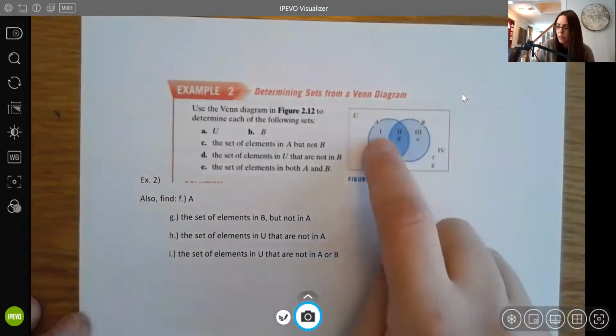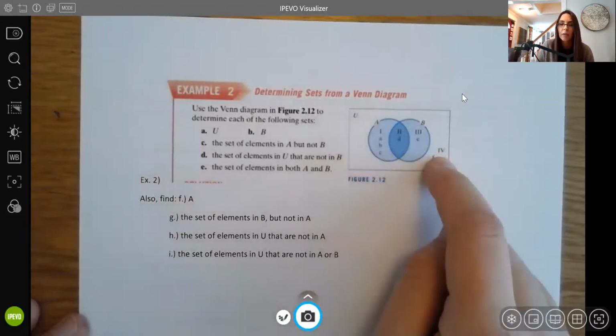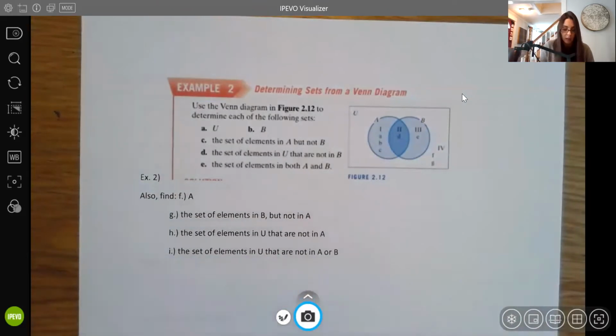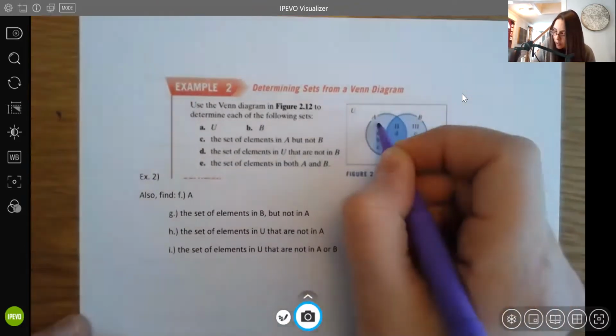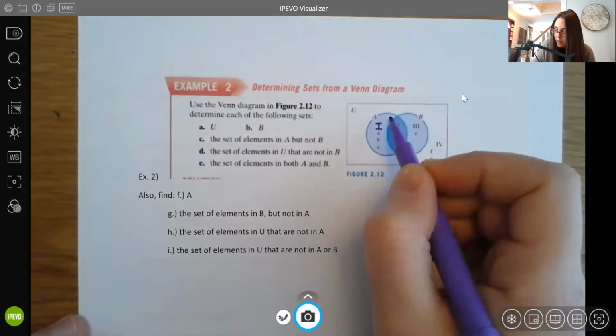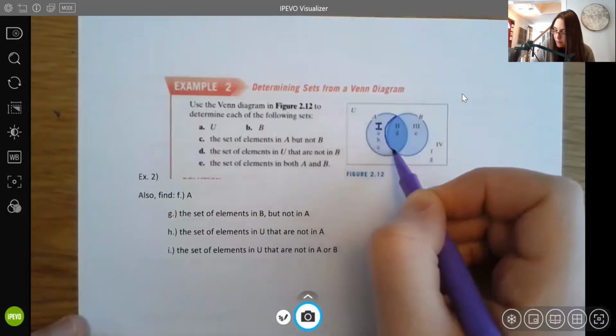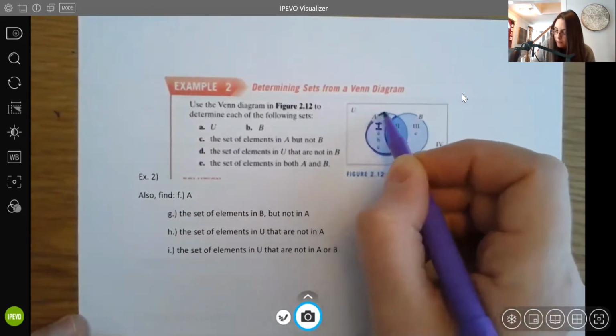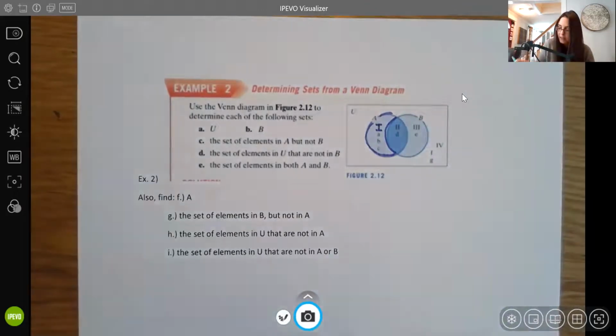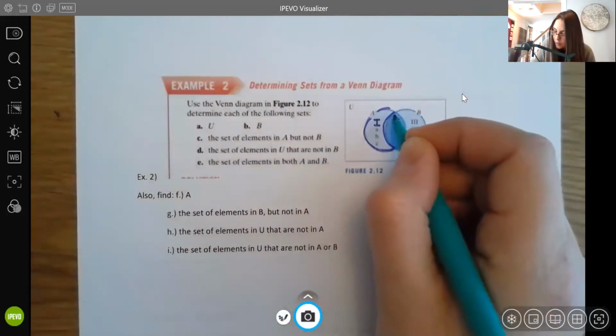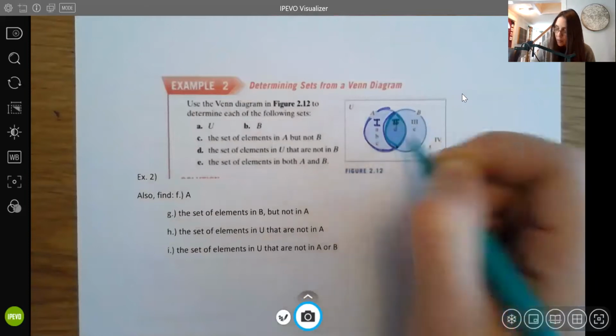And sometimes we'll label the different sections of a Venn diagram just to make it easier to talk about. So you'll notice that you have one section here labeled 1. So that would be this part of A, right? Then you have another set here labeled 2. So that's this middle set, that overlapping region.